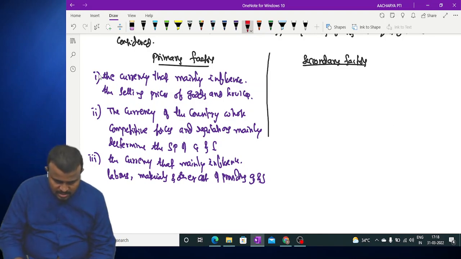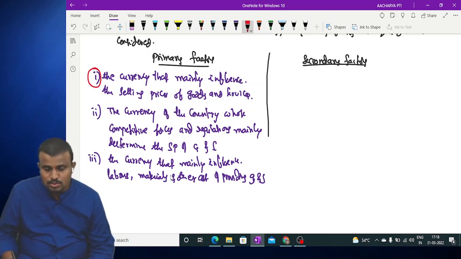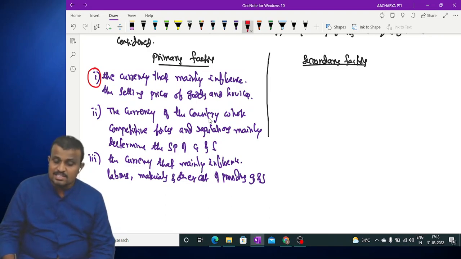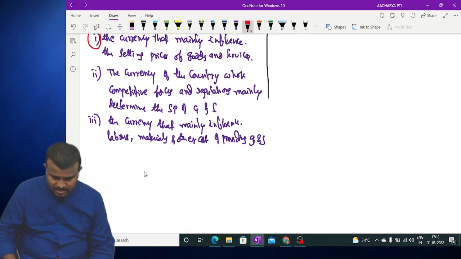The first one is the currency that mainly influences the selling price of goods or services, and the second is the currency of the country whose competitive forces and regulations mainly determine the selling price. Generally, the reporting country where it mainly operates, that currency is considered. For example, XYZ Limited operates in India.